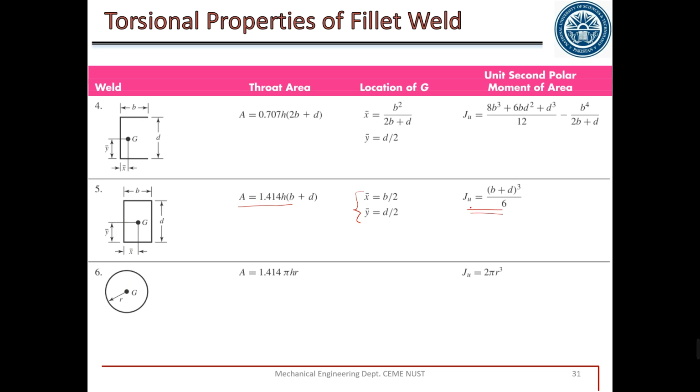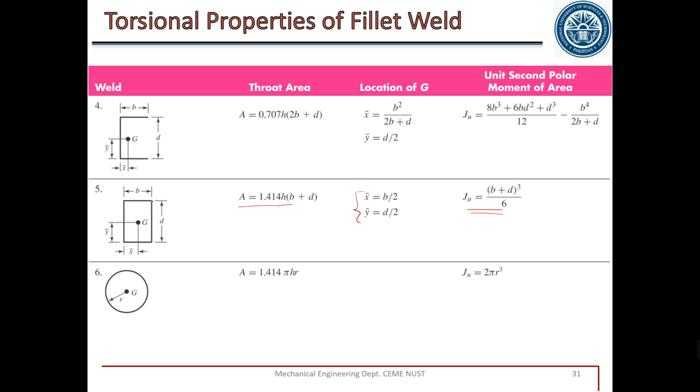And you multiply Ju with, for example, in the question they have given that the weld size is 10 mm, and it is a square weld. In the case of a square weld, b will become equal to d.